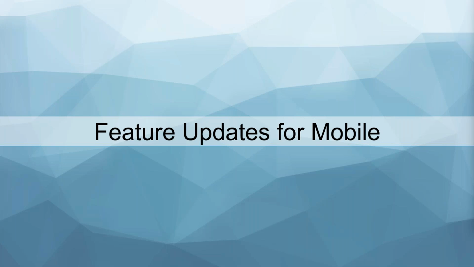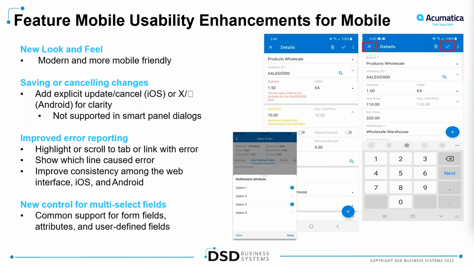So with that in mind, we're going to look at some updates to the mobile applications in Acumatica. Primarily, the look and feel is dynamically changing for these mobile apps. There's new functionality where you'll see highlighted on the right where closing the screen or accepting the screen with a check mark becomes more obvious.